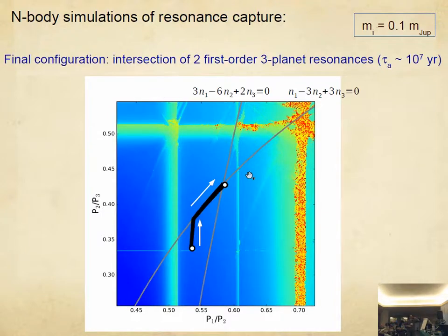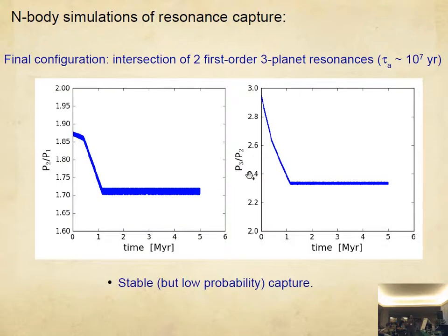However, under certain conditions, you may be captured again in an intersection, but this also acts like a trap, like a wall. So if you do the time evolution of the period ratios, you have the changes, the corners, but when they reach this intersection of 2, 3 body resonances, they just stop and remain there forever.